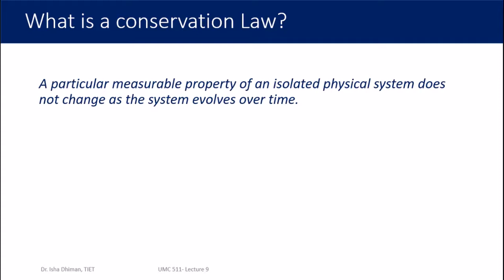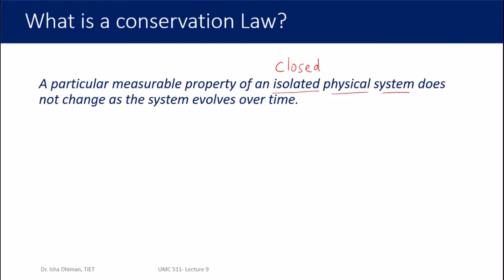But the important point here is that the system should be an isolated physical system. Isolated means, in other words, a closed system, not an open system, because in an open system, when you allow exchange with the boundaries or the external surroundings, there is no point in talking about conservation.